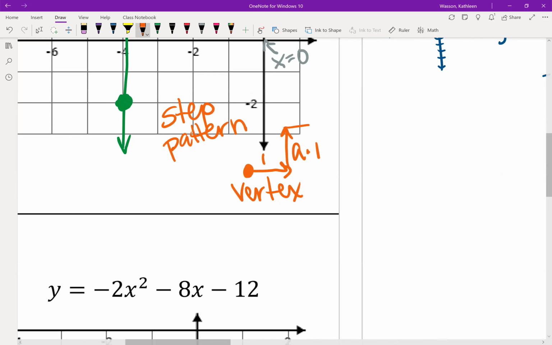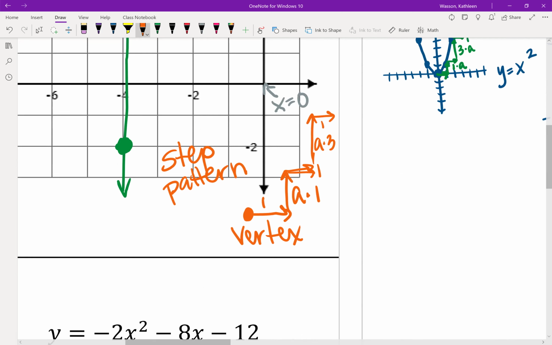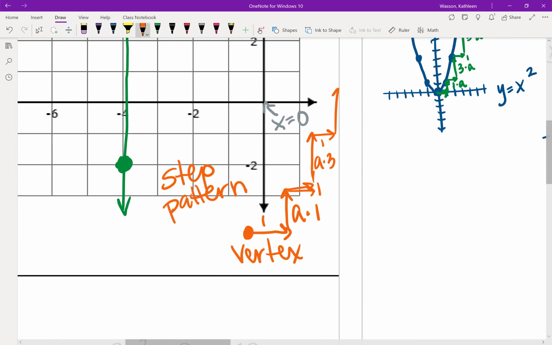Then I go right 1 again, and I go up A times 3, and right 1 and up A times 5. And right and up A times 7. Well, it could be up or down. It depends on if A is positive or negative. But either way, you multiply A times 1, 3, 5, 7, 9.